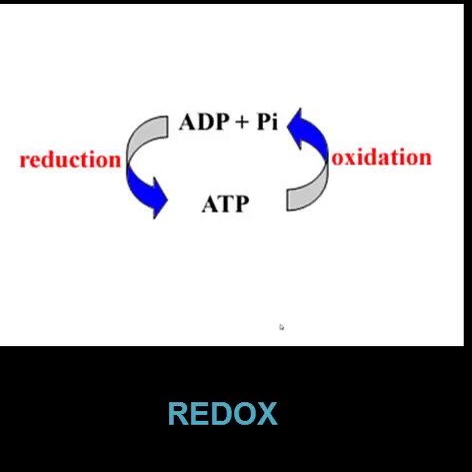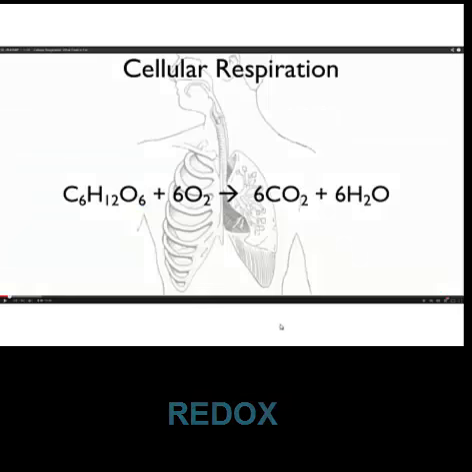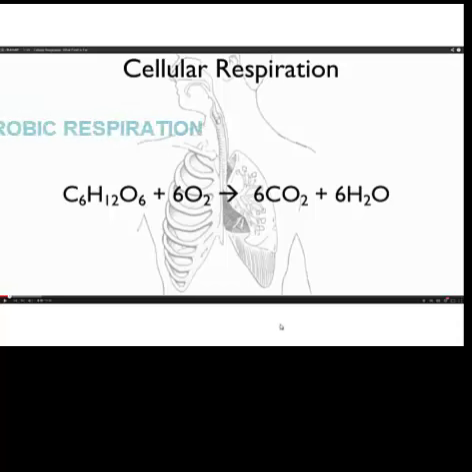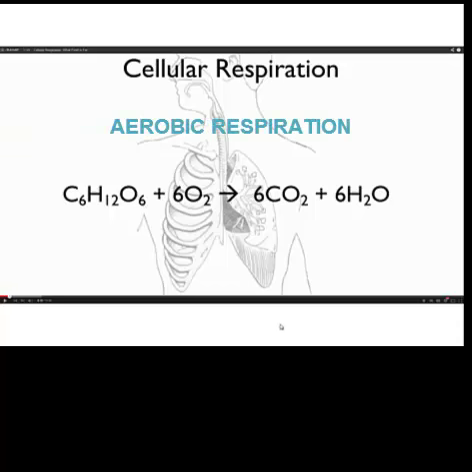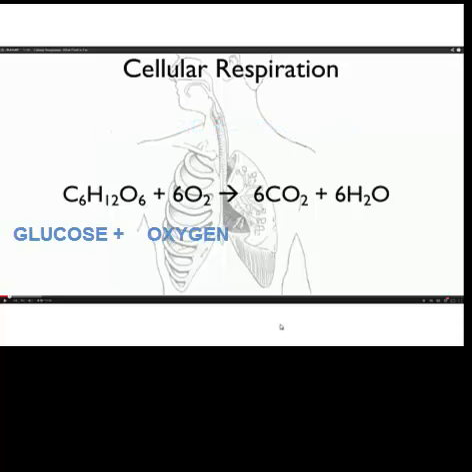So let me introduce to you the equation for cellular respiration, and ultimately we'll get to understanding what oxidation and reduction is. So here is the equation. This is an aerobic process requiring oxygen. We get the glucose from the food that we eat or that's stored in our body. We get the oxygen from breathing.